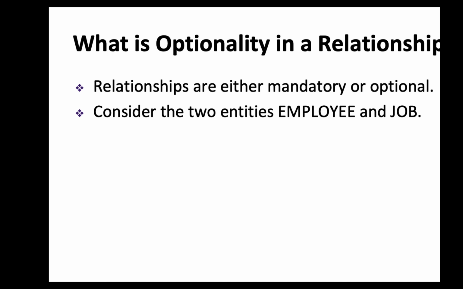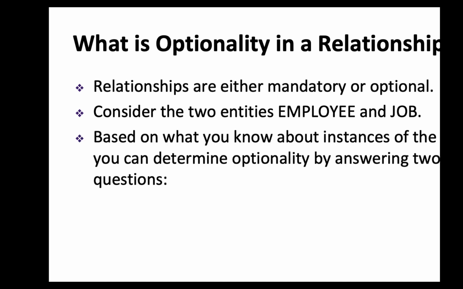Consider the two entities, employee and job, based on what you know about instances of the entities. And we talked about instances, right? Who will tell what is an instance of the entity? Instance. When we are talking about the student entity, Jacob or James or John would be the instances of the student entity.